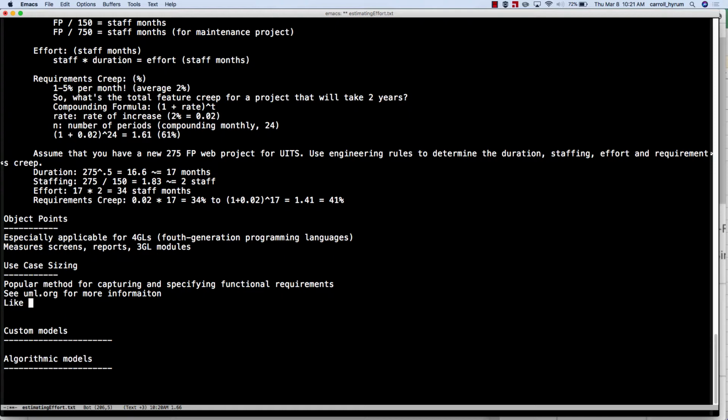And it's like function point counting, but starts with use cases and actors. Okay, well, what does that mean? So actors are users or external systems.